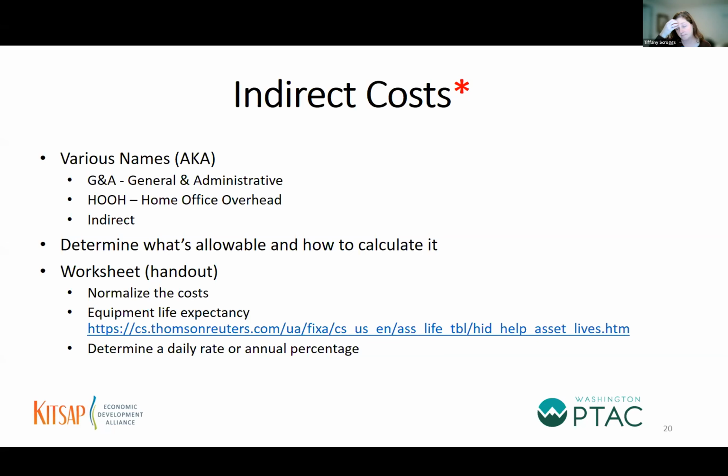Okay. So let's turn to this handout and let's go to the very first line, the owner's salary. This particular owner gets $3,000 a month. If you were to take that times 12, you'd get $36,000 a year.